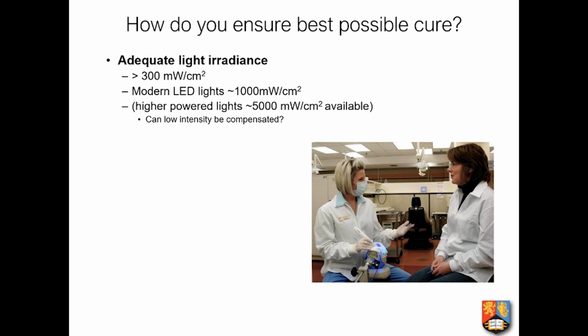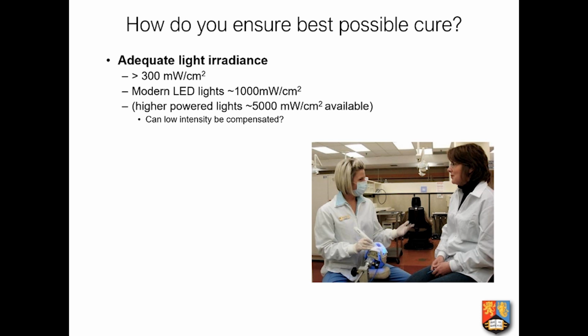And you can use these, but I would issue a word of warning in terms of potentially how much temperature they generate. A good way to check that is just to put your finger over the curing unit and see how long you can keep it there. Because if it gets so hot, you don't want to risk pulpar injury or even burning mucosa, which I've heard of in some instances.